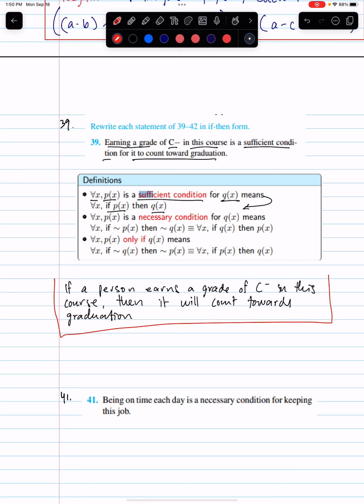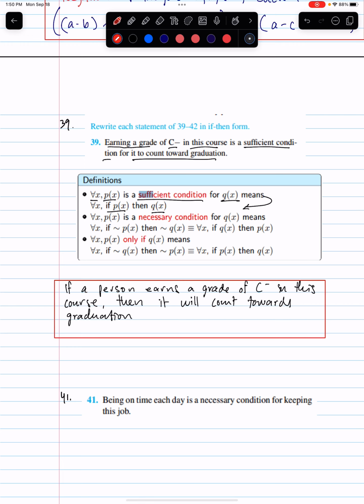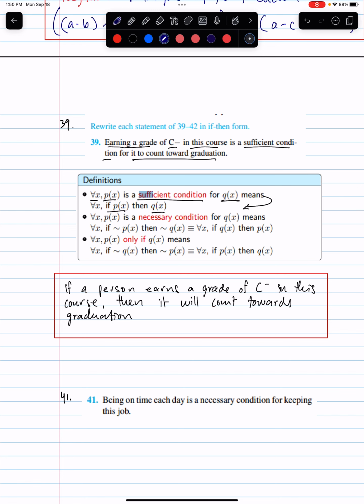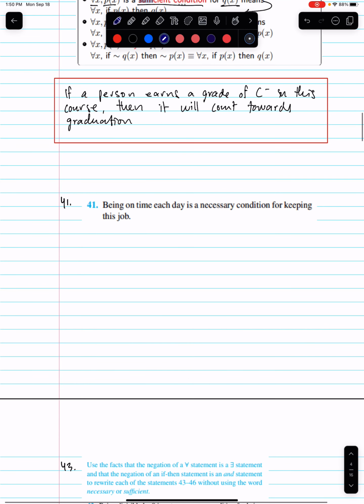That's it. Yeah, for sufficient condition, it's pretty straightforward. Alright, next.